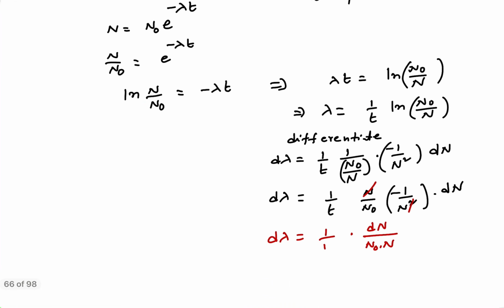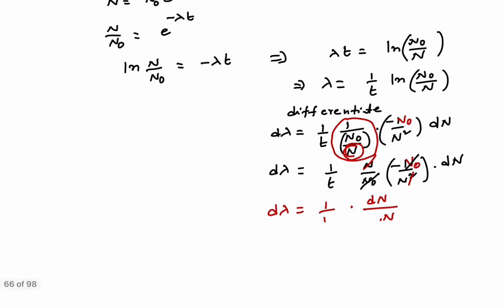According to the question, what they are asking is the delta lambda value; just do the calculation and get the answer. Actually, first I forgot to write N naught here, N naught also write. Why? Because this is log differentiation, this term is N naught by N, and the differentiation of N is minus 1 by N square. We can see N naught and N naught also get cancelled. Here I should not write the N naught value.